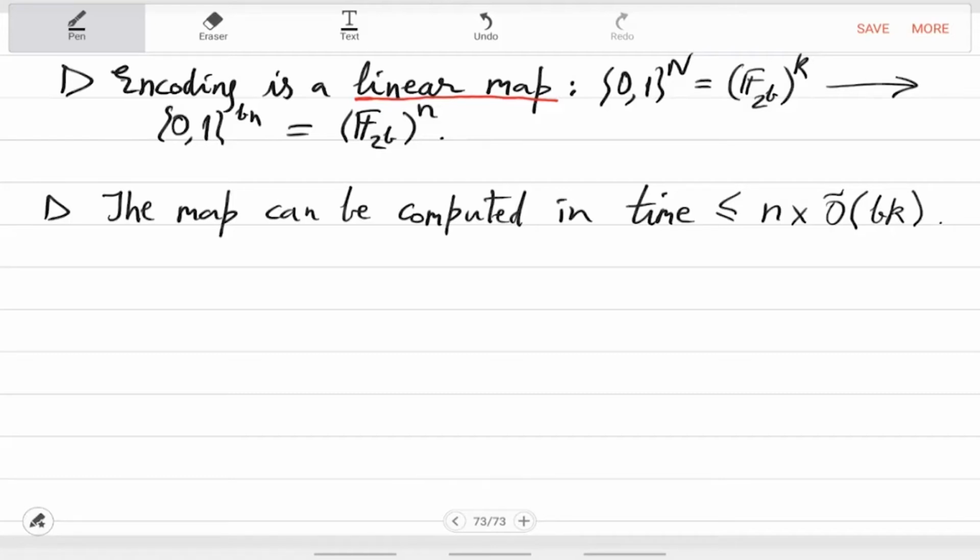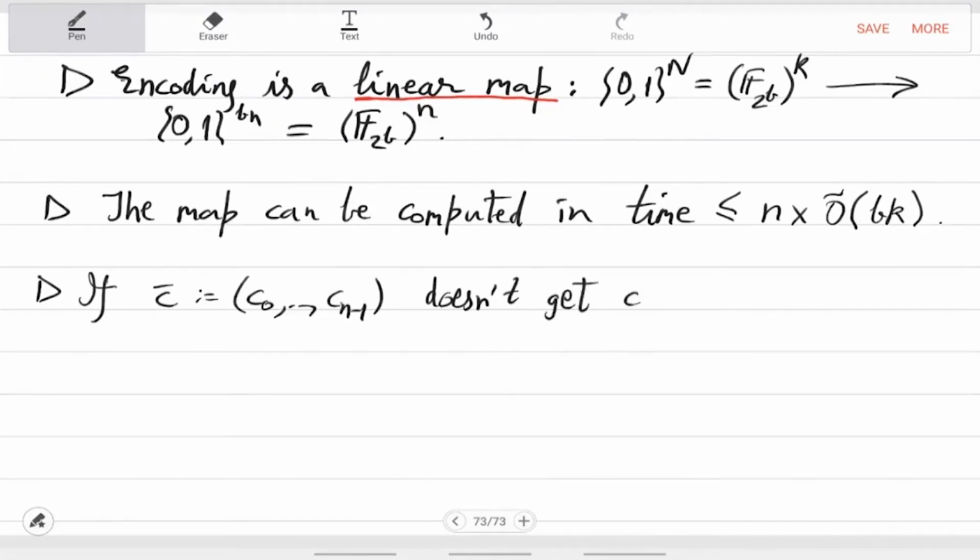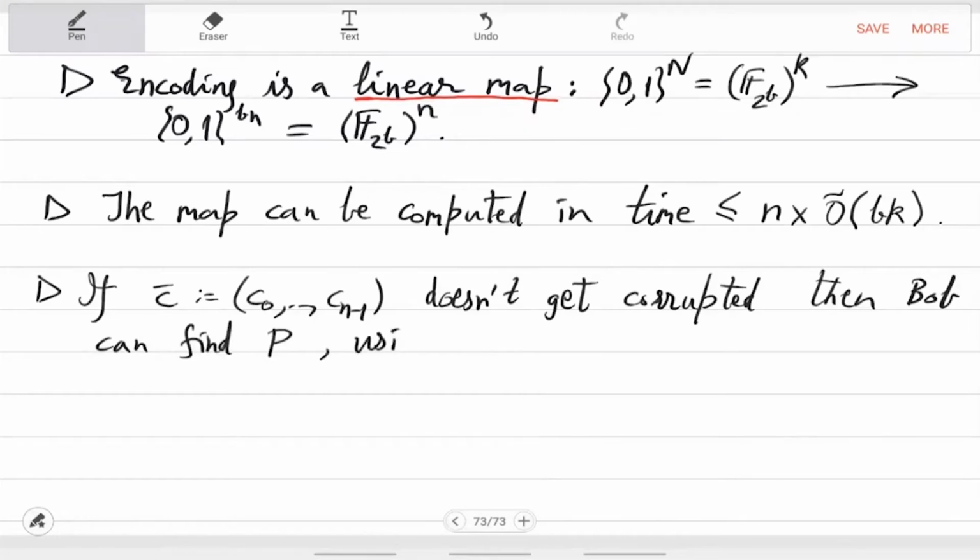So one simple observation is, if there are no errors in the channel, if nothing gets corrupted, then Bob can find P. In what case?